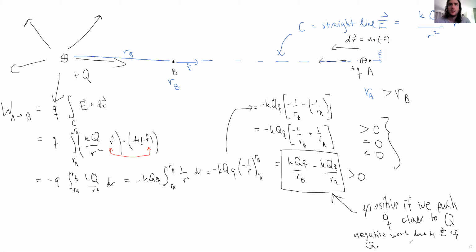Okay. So any questions about that example there? The next thing that we're going to do is take the limit as RA goes to infinity and see that that's where the potential energy should be zero, right? Because you're infinitely far away. That makes sense. If you're infinitely far away, then there's zero potential energy.